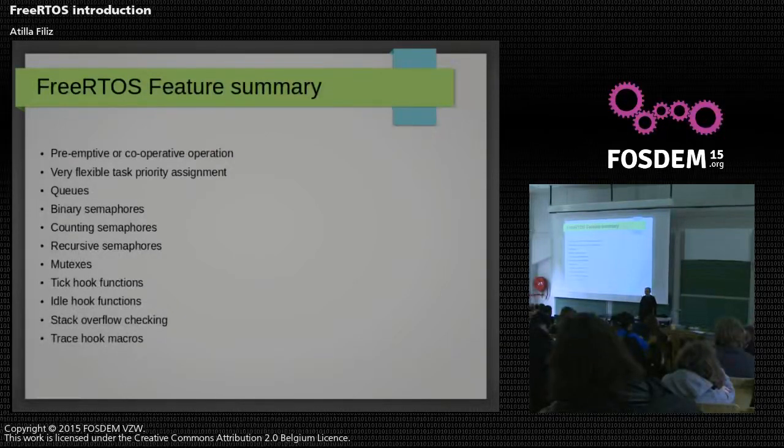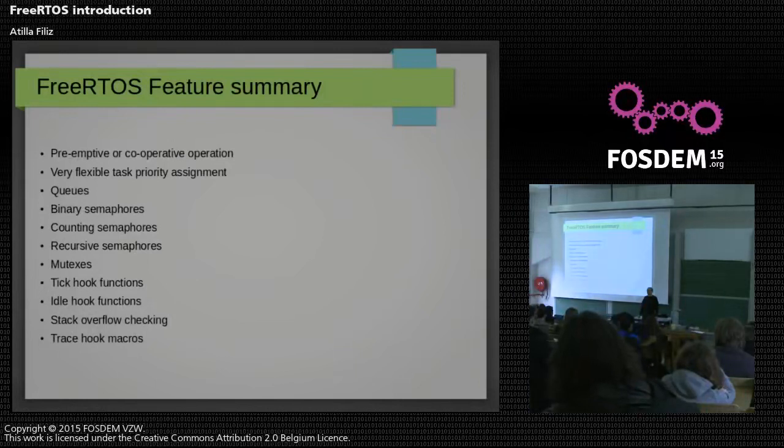So this is a summary of features of the free real-time operating system. It can run preemptive or cooperative. The task priority management is flexible, so if you are into that, you can change priorities of the tasks. Also, there is a priority inheritance mechanism to prevent priority inversions. There are message queues, binary or counting semaphores, even recursive semaphores, and mutexes.